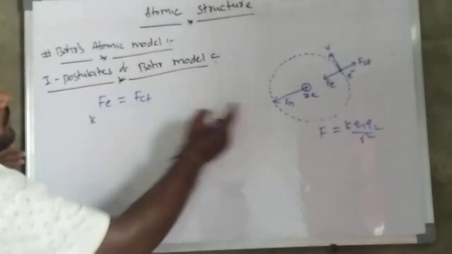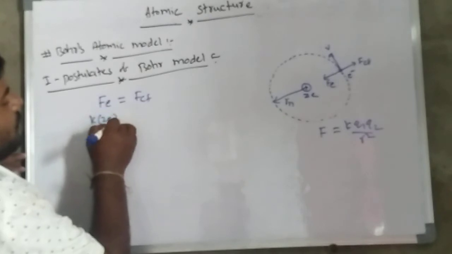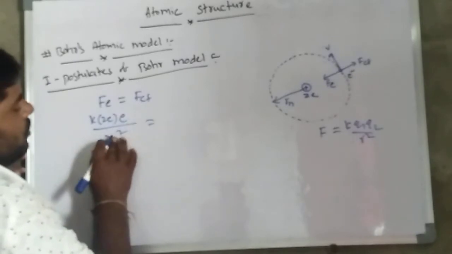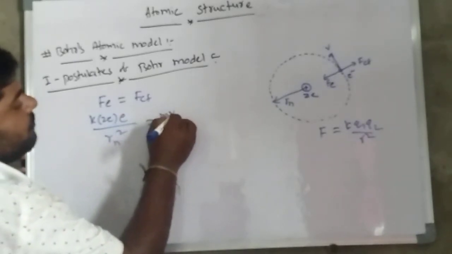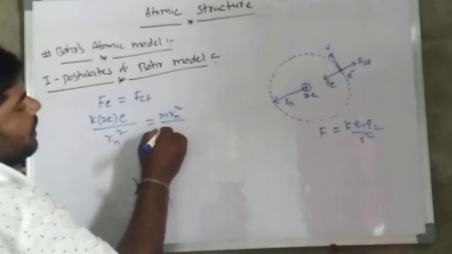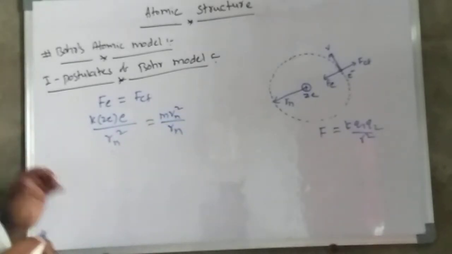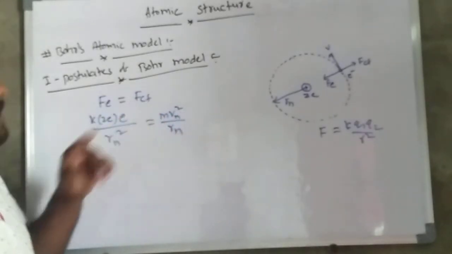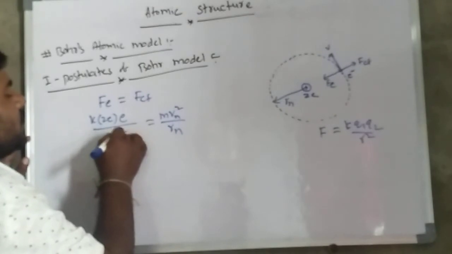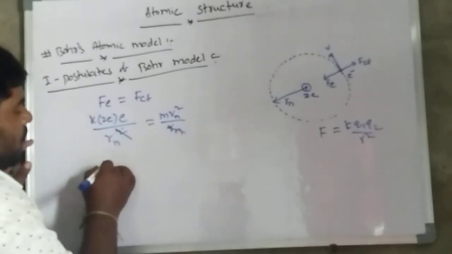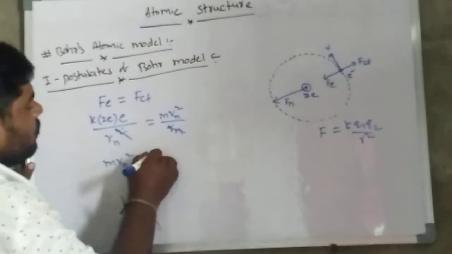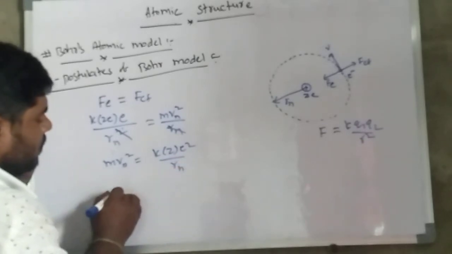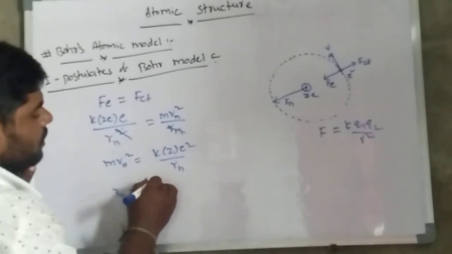So K into Q1, which is ZE, and Q2, which is E, divided by Rn square should be equal to the centrifugal force, m Vn square divided by Rn, where Vn is the nth orbital electron velocity. One Rn cancels, so m Vn square is equal to K Z E square divided by Rn. From this, Rn is equal to K Z E square divided by m Vn square.